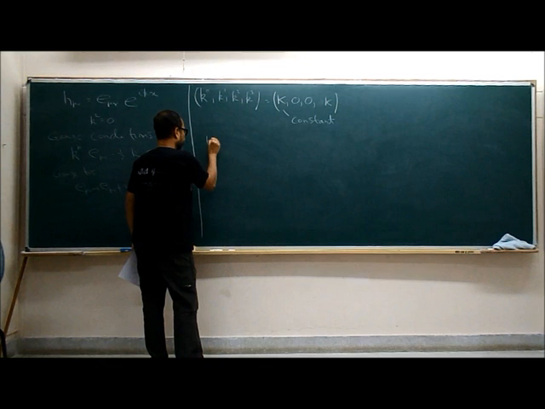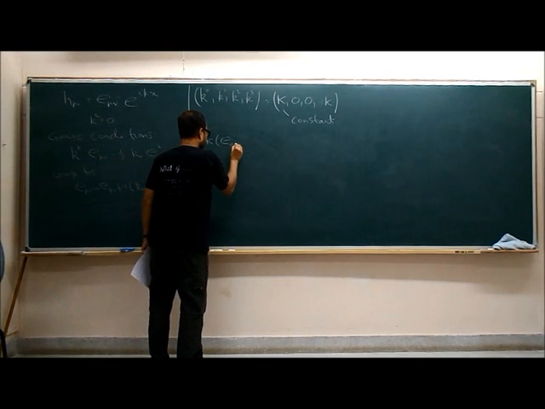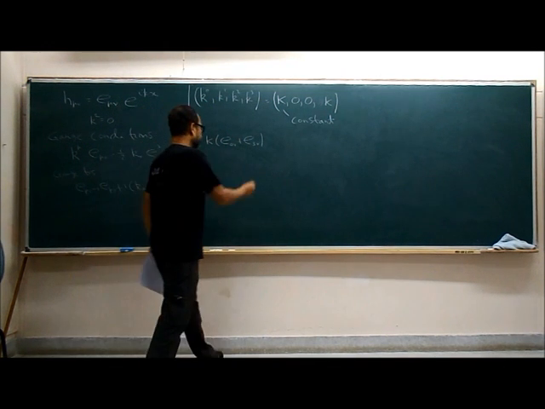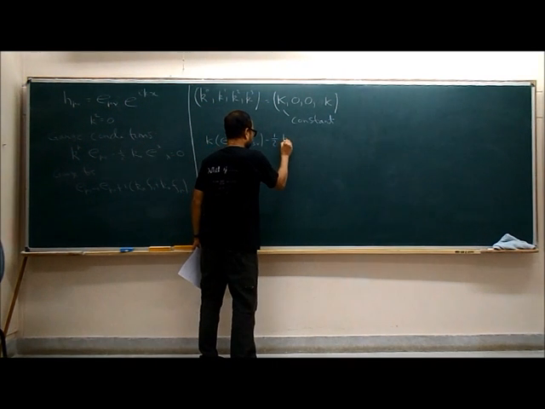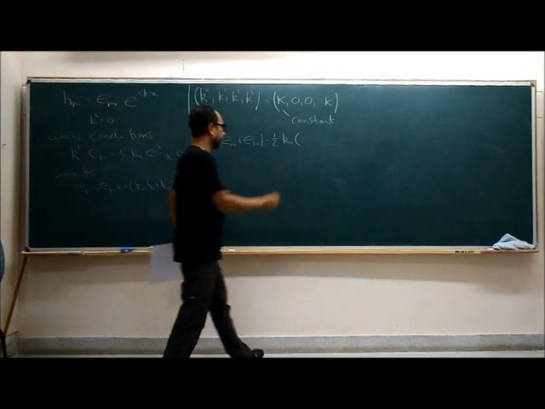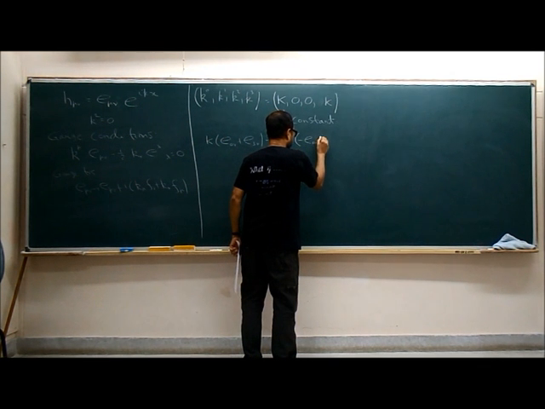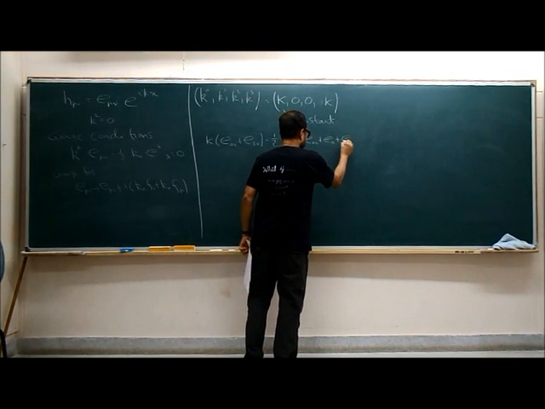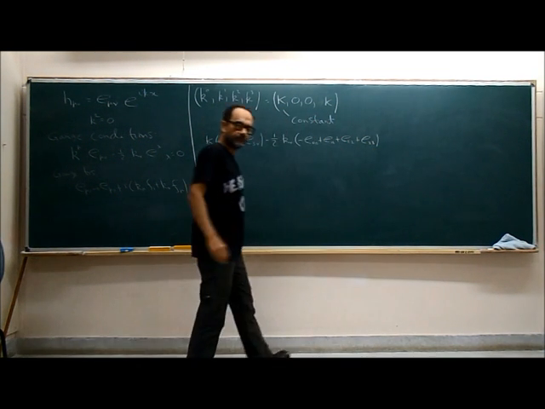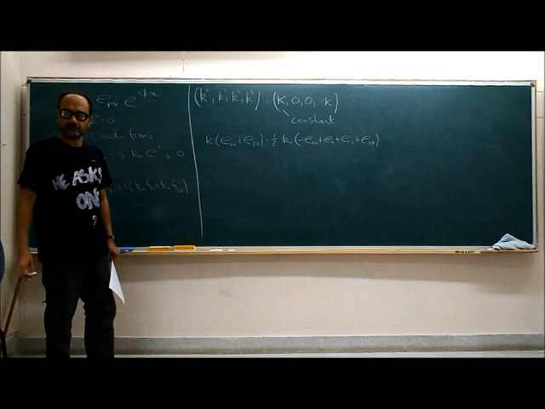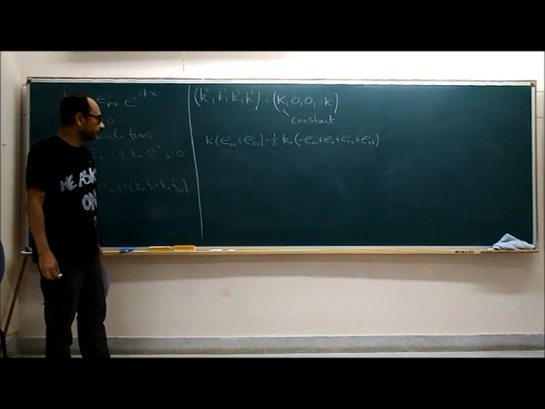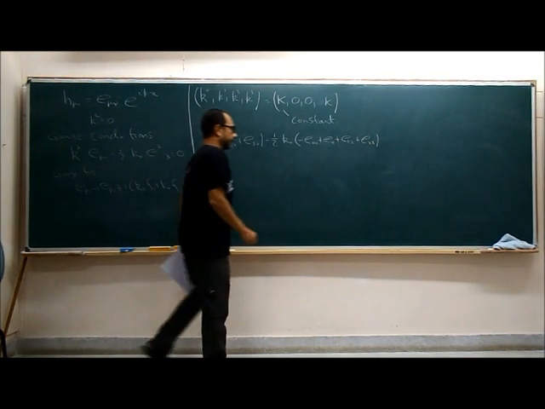So we get k times E0 nu plus E3 nu, minus half k nu, and now E lambda lambda I'll write out explicitly: that's minus E00 plus E11 plus E22 plus E33. This should be 0.